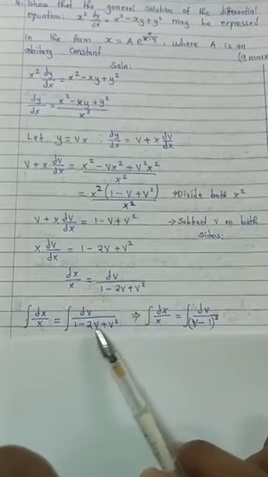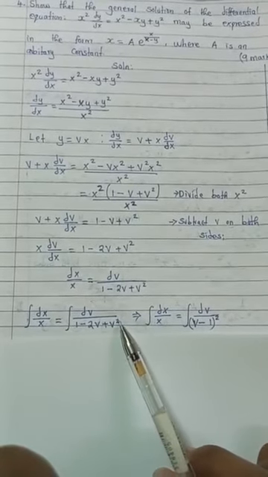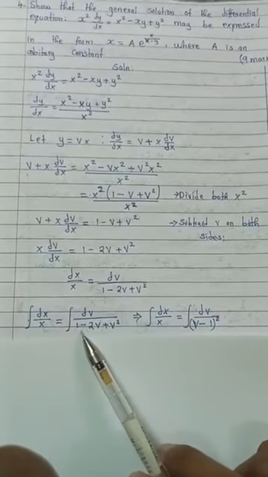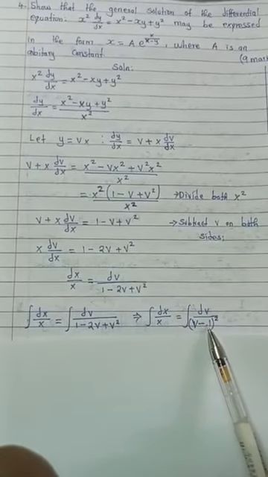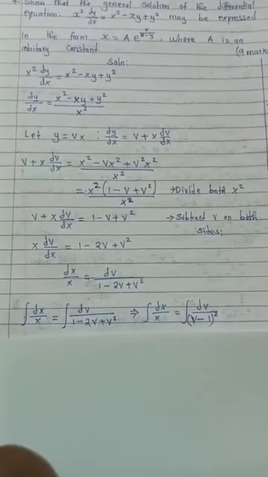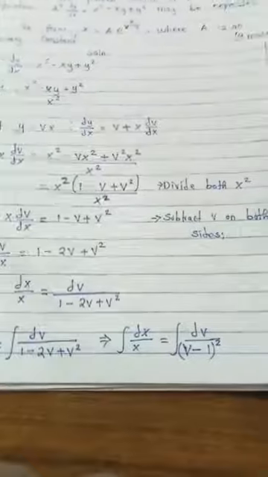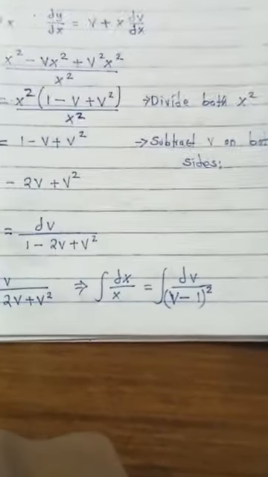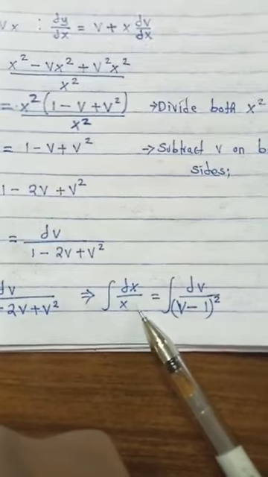If you simplify this denominator, it can be written as v minus 1, everything squared. So integrating this side gives the natural log of x.